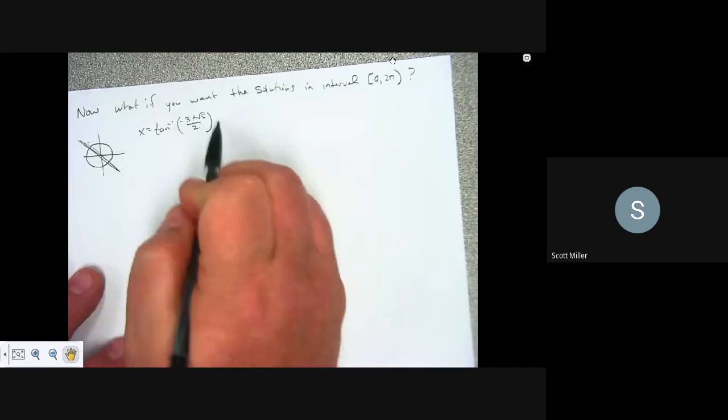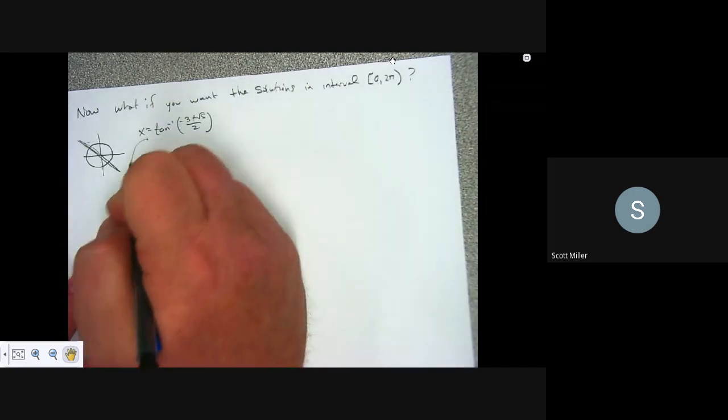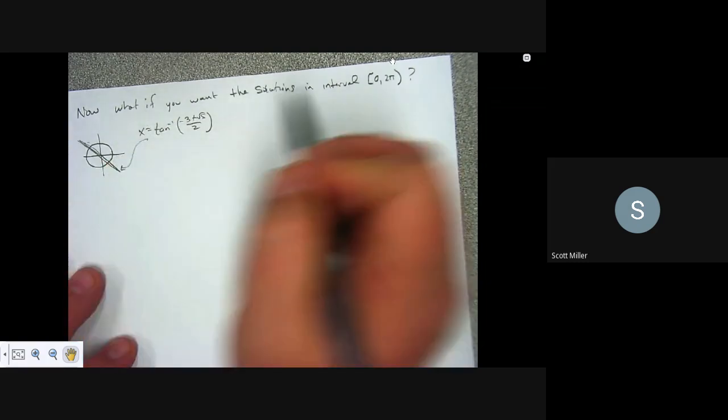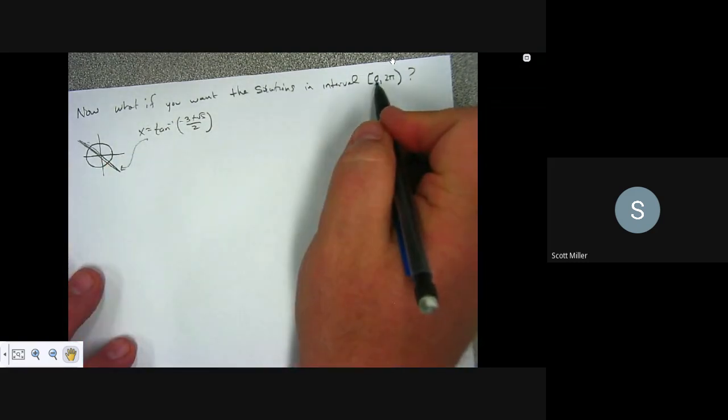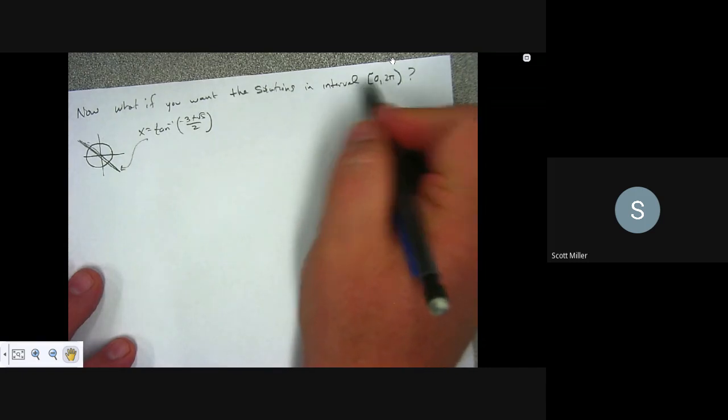If I type this in the calculator, it's going to give me a negative angle. It's going to give me this answer, but it's going to be a negative angle, and that negative angle is not in this interval because it goes from 0 to 2 pi. And a negative angle on a number line, a negative would be to the left of 0.